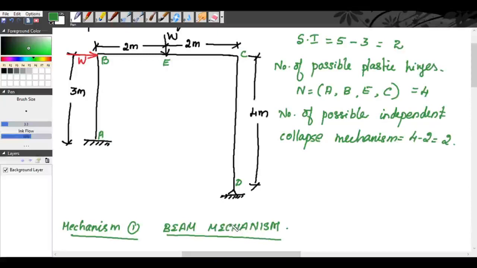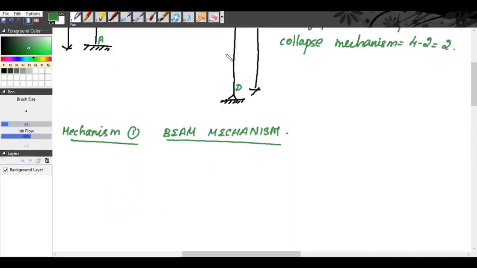So, how can you consider the beam mechanism? It is the beam BC. You have a concentrated load W at E acting at the midspan, 2 meters and 2 meters. So, you will have a hinge at B, E and C. We can draw the mechanism as B, C, and this point is E. There is a concentrated load of W at E. This is 2 meters and this is 2 meters.